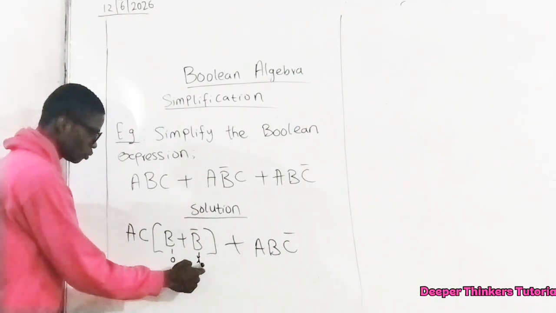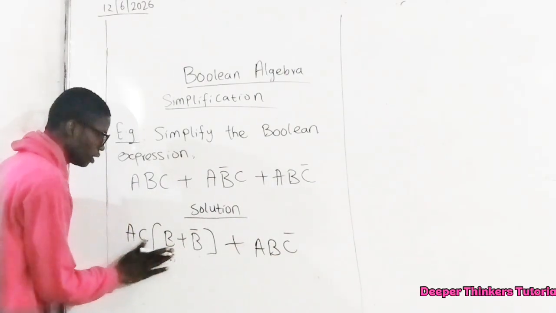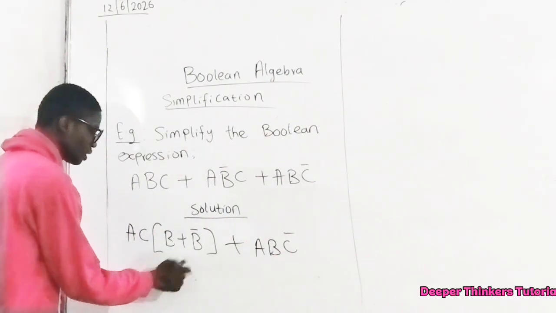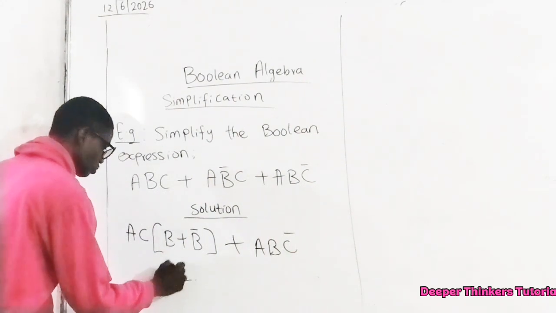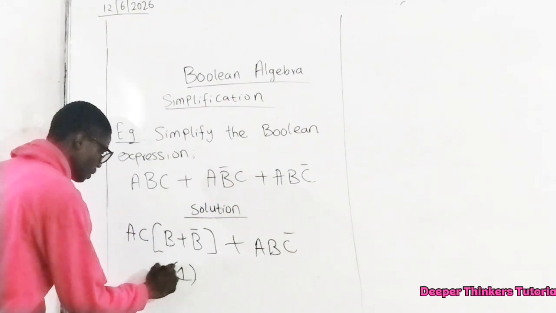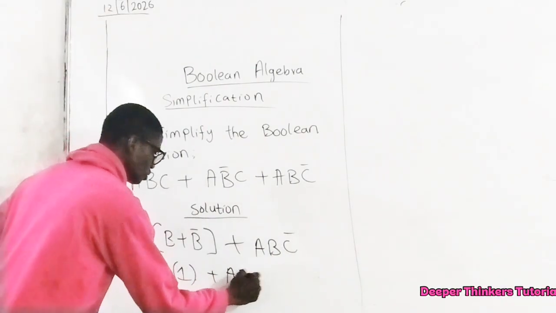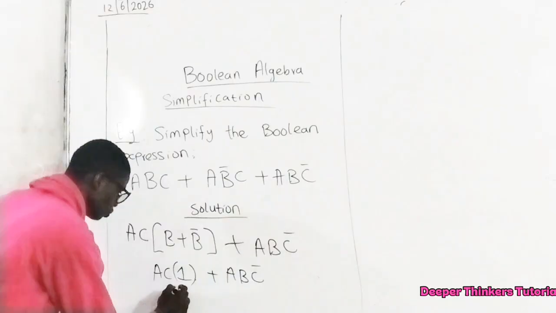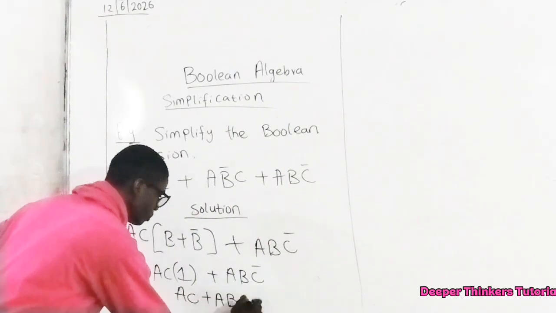So 0 plus 1 will still give you 1. So anyhow you assume it, the summation of a letter and its prime will give you 1. So we'll have 1 here. So 1 multiplied by AC will still give you AC plus A, B, C prime. So we'll have A, C plus A, B, C prime.